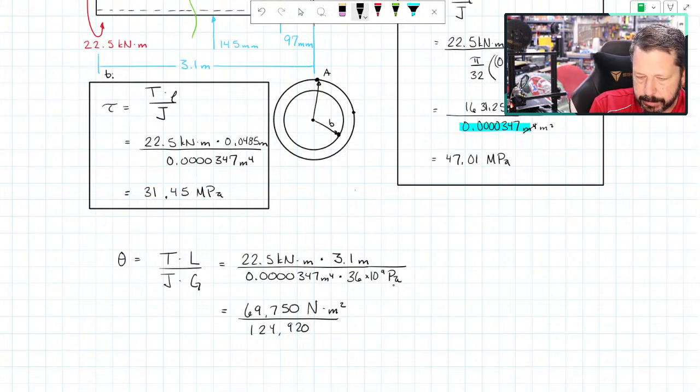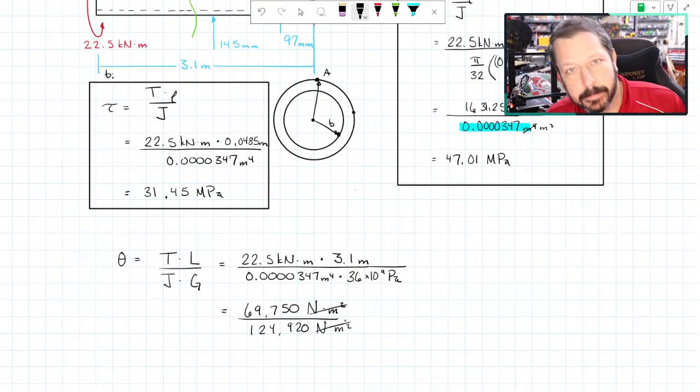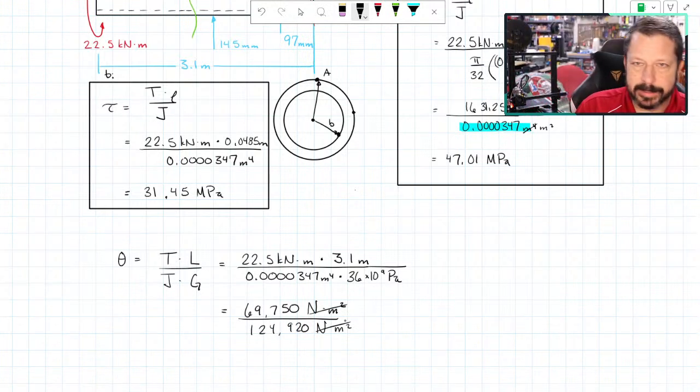Pascal is newtons per meter squared, so that's also Newton meters squared when I combine those, and those all cancel out because I'm going to be left with no units other than radian, which isn't really a unit like these. All right, so we might talk about radians in a second because I don't know that I have yet already. So once I get this number, we'll talk about radians.